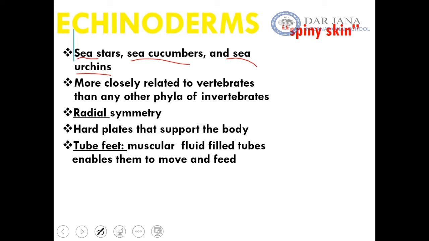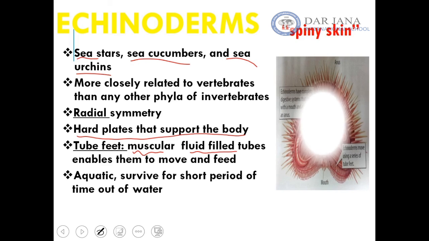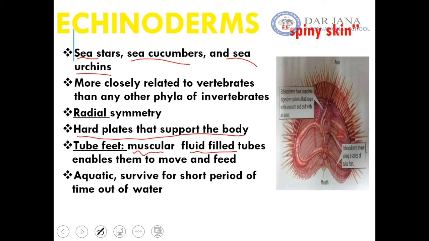They have hard plates that support the body. They have something special, they move by having tube feet. The tube feet are muscular fluid-filled tubes that enable them to move and feed. Okay, they are aquatic. They survive for a short period of time out of water.